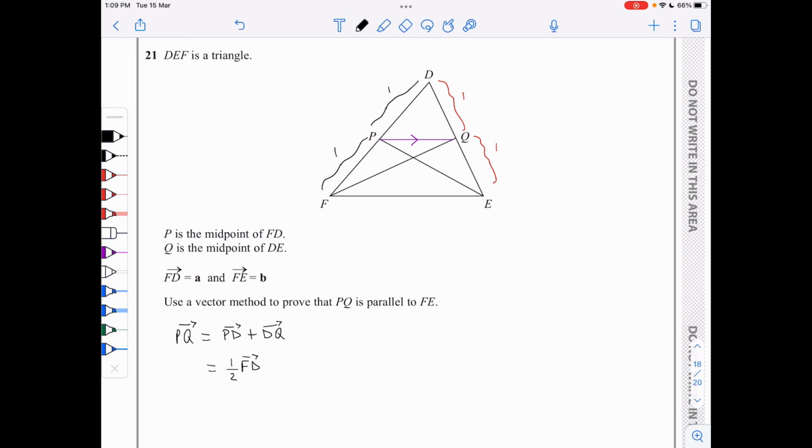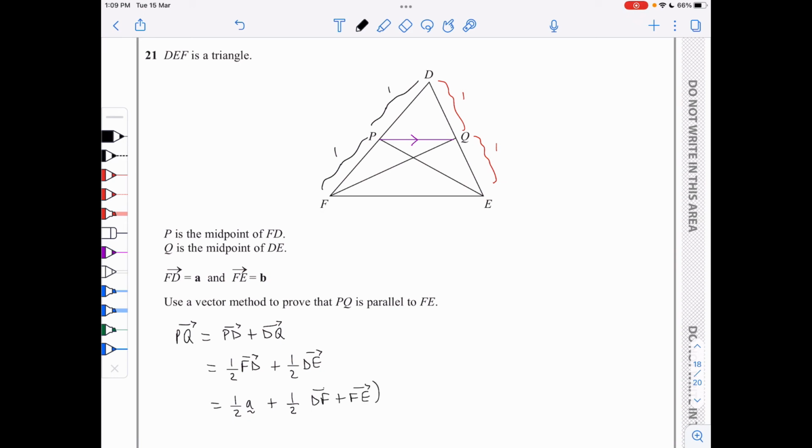And going from D to Q is half of DE. Now we know that FD is simply a. So this is a half a plus a half of DE. Now to go from D to E, I can go from D to F and then from F to E. So it's going to be a half of DF plus FE.